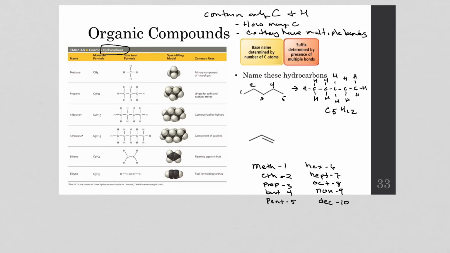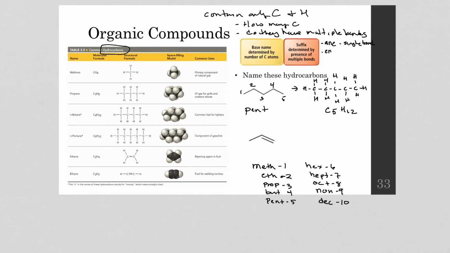The number of carbons in the chain here is 5. So that's going to lead us to have a pent prefix. And the suffix is going to be determined again by the multiple bonds. The 3 possibilities are we can have an ANE ending, and this is only single bonds, so no double bonds.